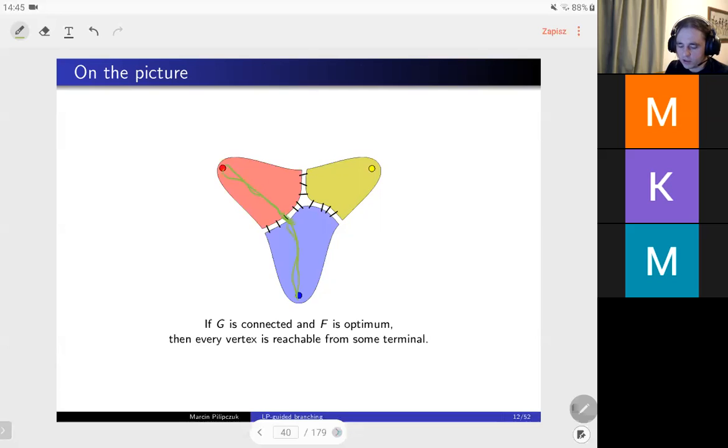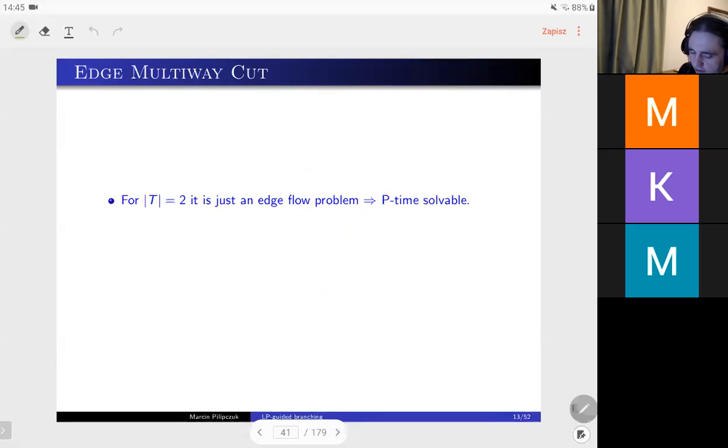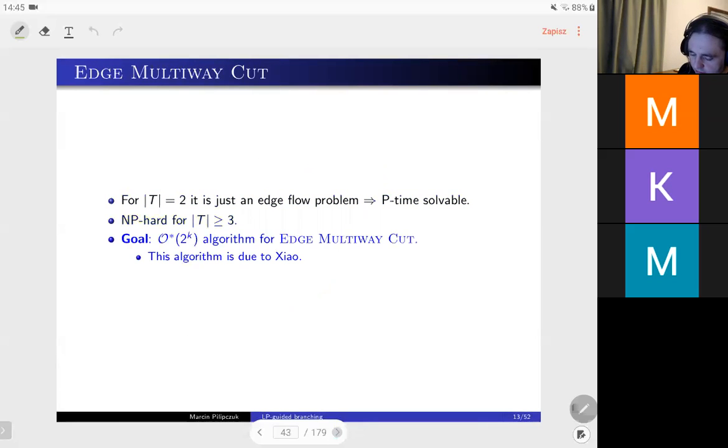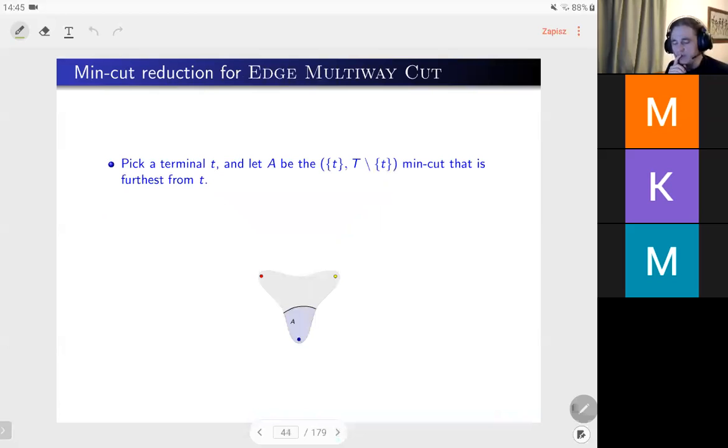Okay, so the observation is that, well, this is what we want. I want to skip the slide that we're doing here, but I want to say the following: last time we had this reduction that was present for multiway cut. We proved it in the vertex version, but in the edge version, the proof is exactly the same.